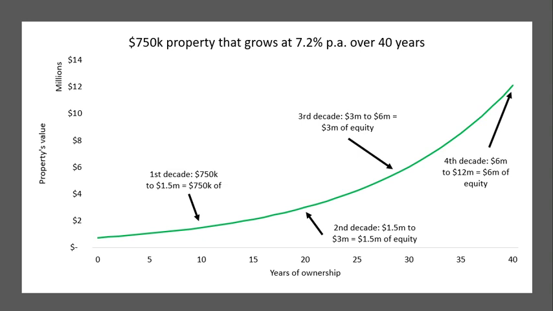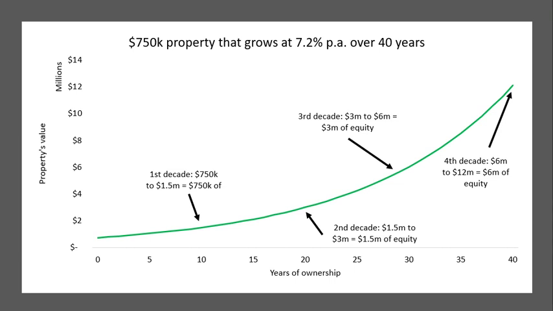In the fourth decade, as you can see on the right-hand side of the chart, the property has grown from $6 to $12 million. You've had $6 million of equity growth in that fourth decade. So really, you've got multiples, many times the dollar value growth than you got in the first 10 years that you own the property.